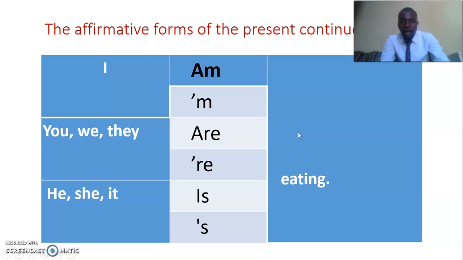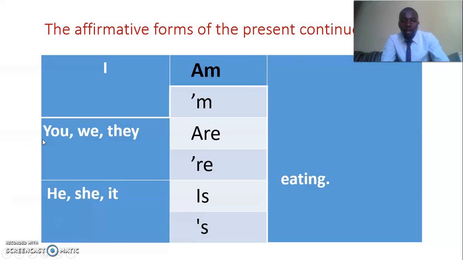So: I am eating. Now we can also have the short form of I am. The short form can be I'm eating. I'm eating. Very good.